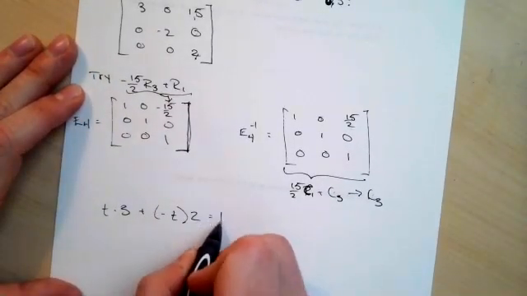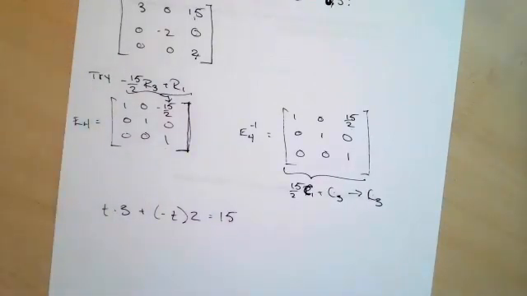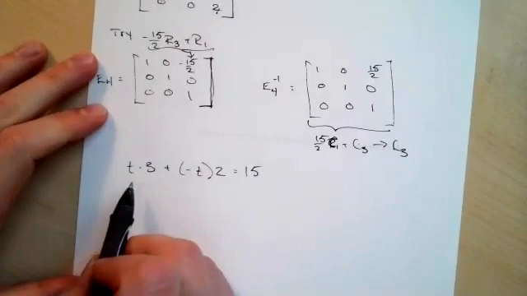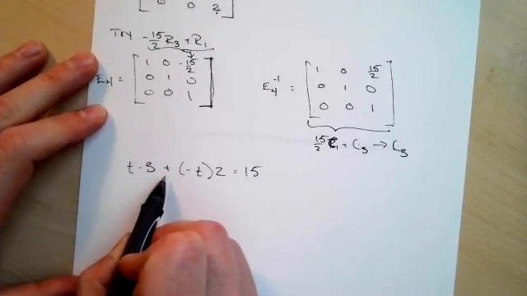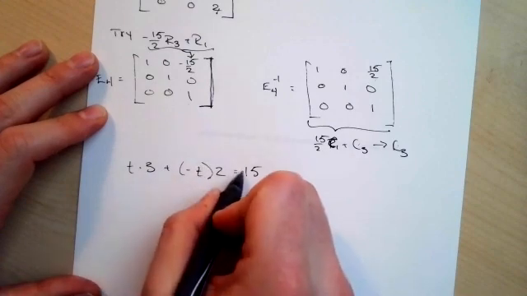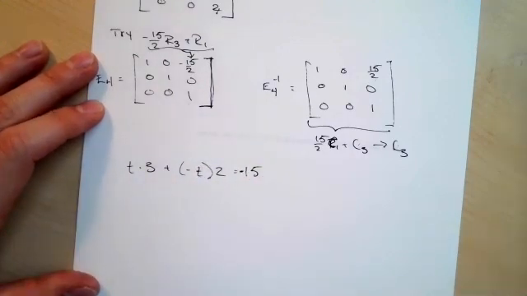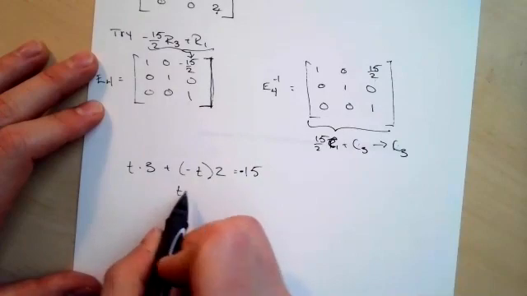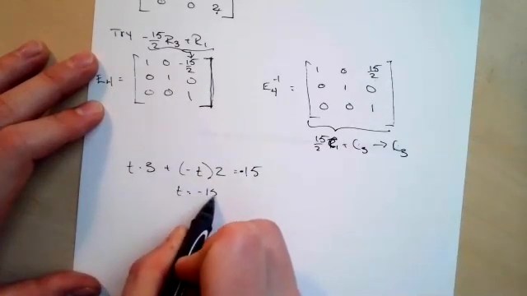And we need to get 15. So what is our multiple going to be? Sorry, what do we need to get? We need to get negative 15, I should say. So that tells us that our t is minus 15.